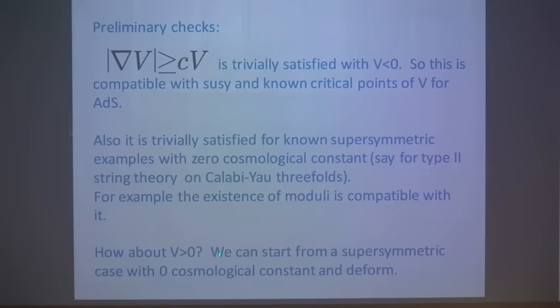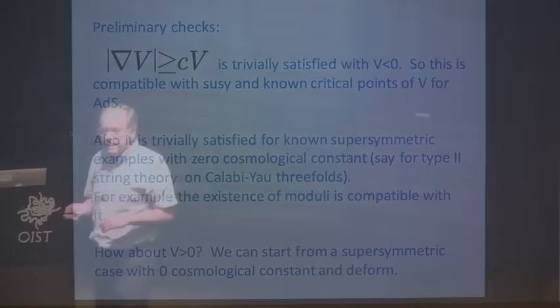So then we ask, how about positive value of V? What is the right way to think about this bound when V is positive? Let us start with the supersymmetric case with 0 cosmological constant, for example, type II strings on Calabi-Yau. And then we want to deform the theory. How do you deform the theory? Well, you give a vev to some operators, which means you're giving a vev to some massive fields.